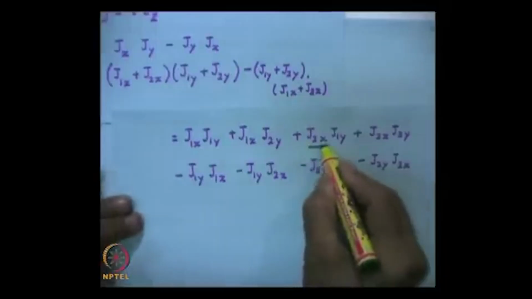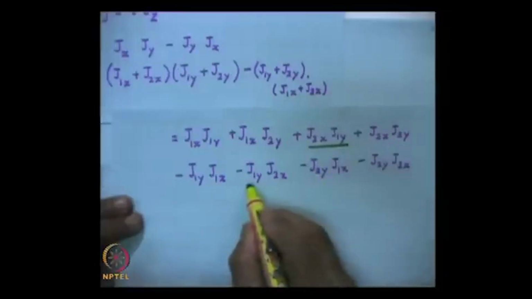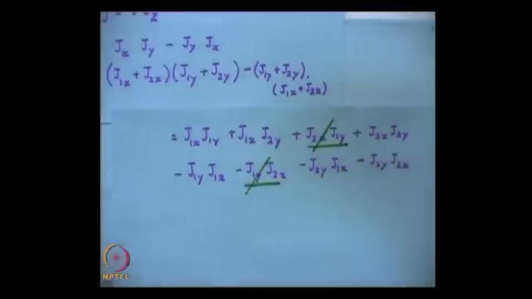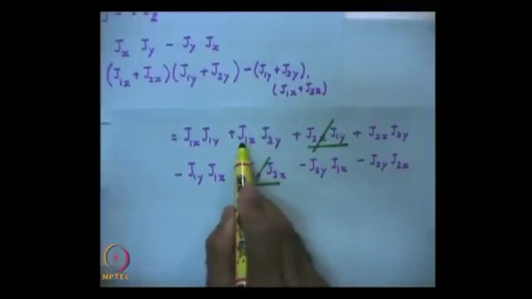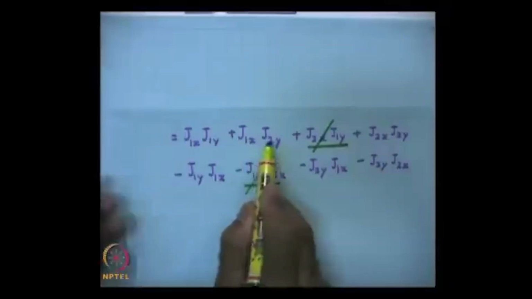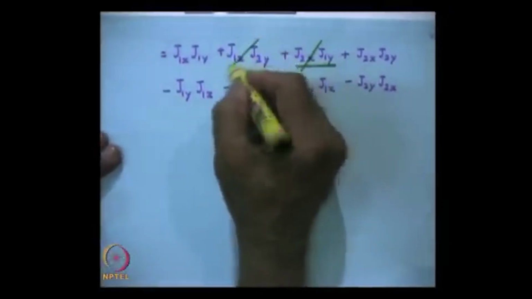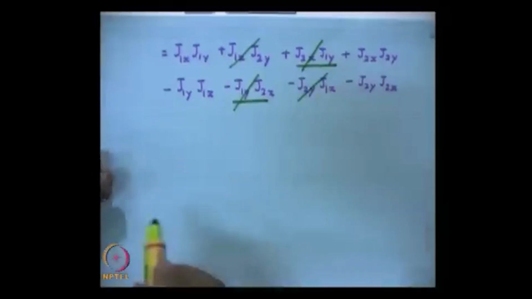So, you see now that J2x commutes with J1y. So, this term and this term cancel out. Similarly, components of J1 commute with components of J2. So, this term will cancel out with this term. So, I am left with these 4 terms.